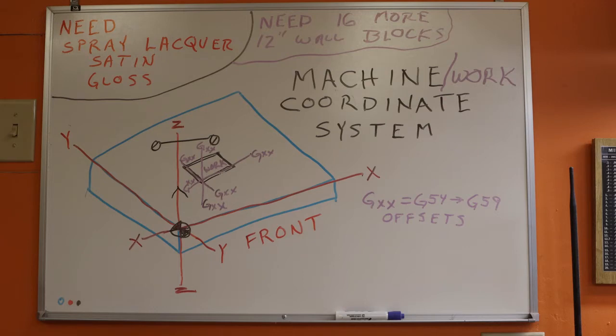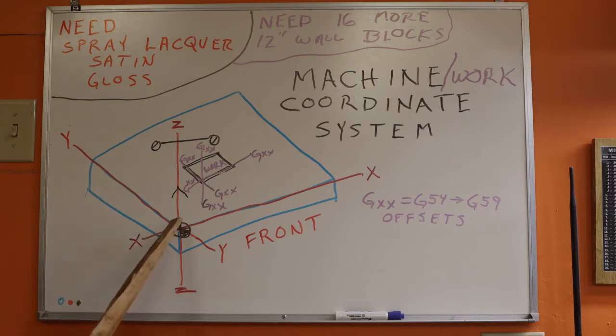Okay, so what we did there when we said Ref All Home, we sent the machine's 3 axes to the extreme limit of the machine working envelope. Those are the hard limits, the absolute end of the stroke for the machine itself.